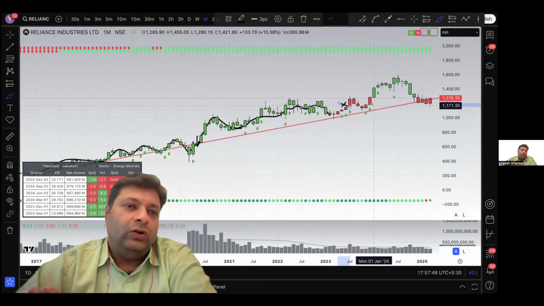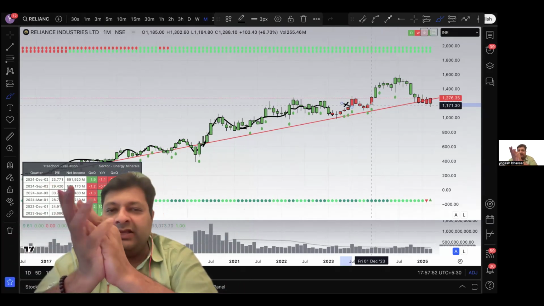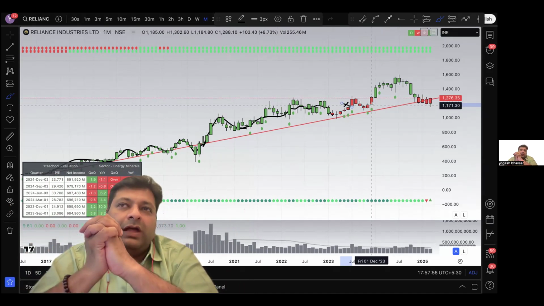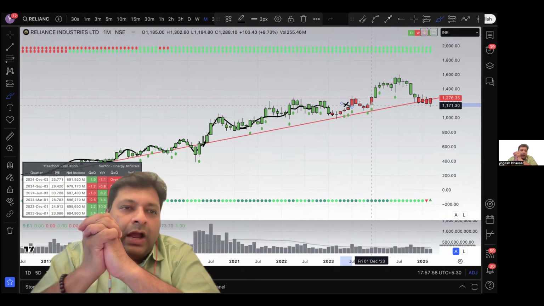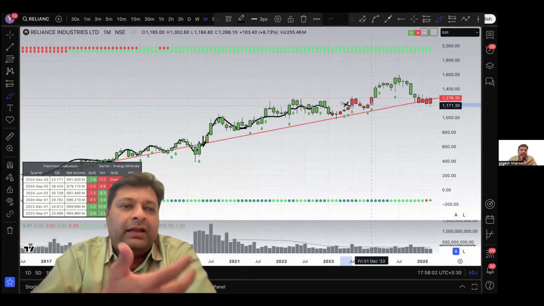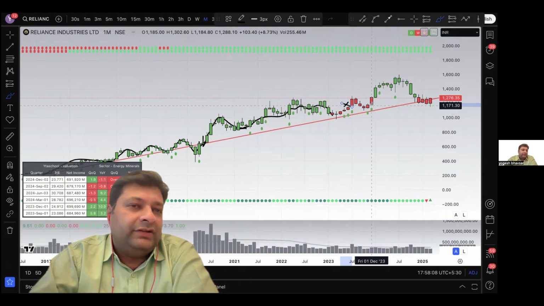So not all the strategies work all the time. But yes, trading is about higher probabilities and you have to keep doing the same thing again and again, and again and again. Then the probability of a higher number of trades coming in your direction is high.